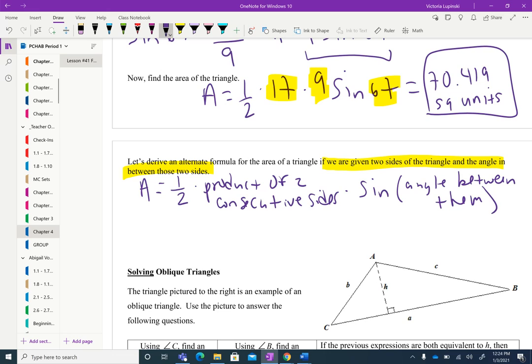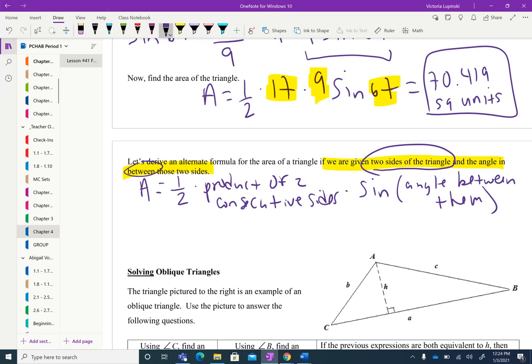And again, that is always going to be the case here. If you're given two sides of a triangle and then the angle between them, you're allowed to use the following area formula.